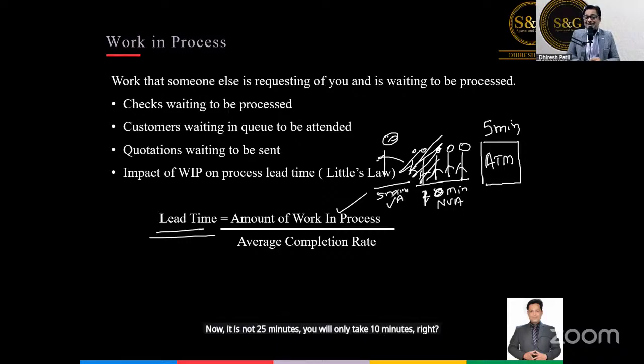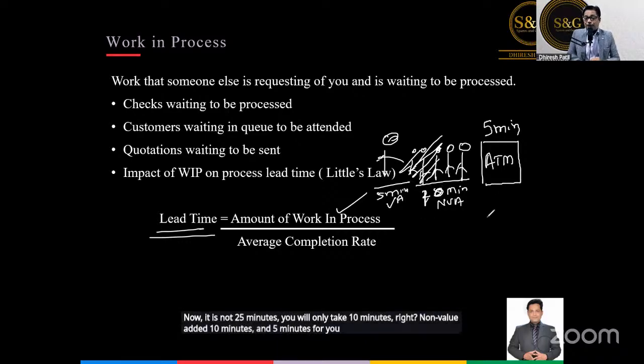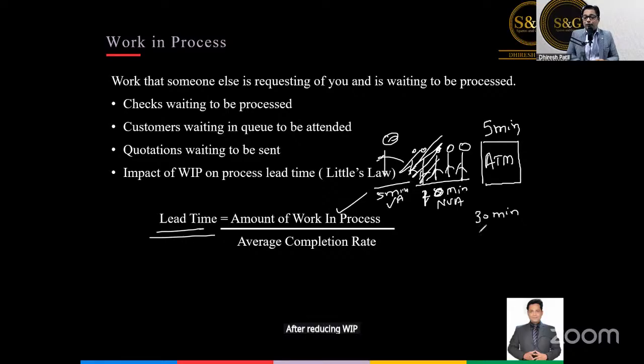Non-value added 10 minutes and 5 minutes for you. So the first time it was 30 minutes. After reducing WIP, it will come to 15 minutes. So 50% reduction. Have you understood this? Just give me yes in the chat box. Clear? So by reducing the WIP, you have reduced the lead time.